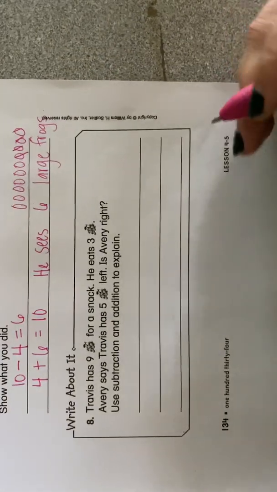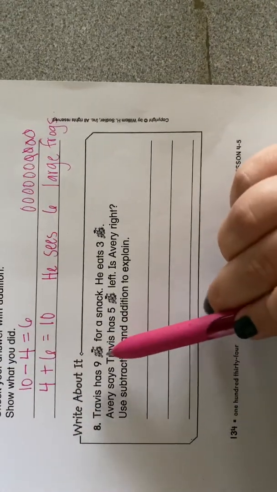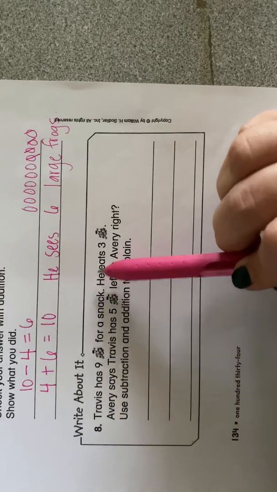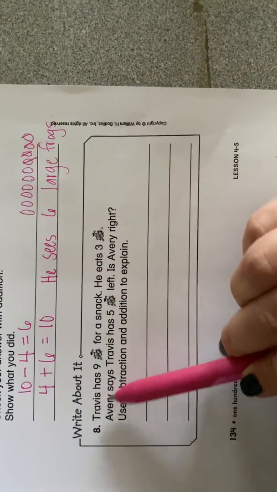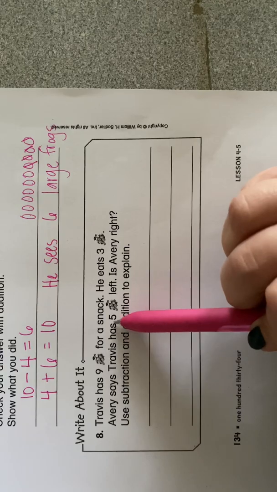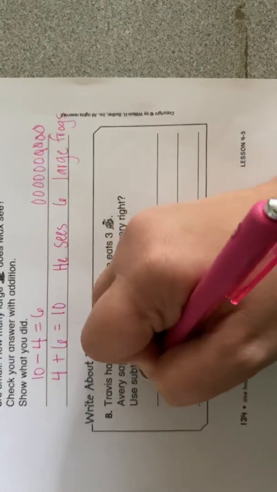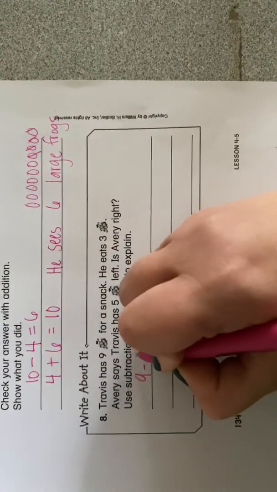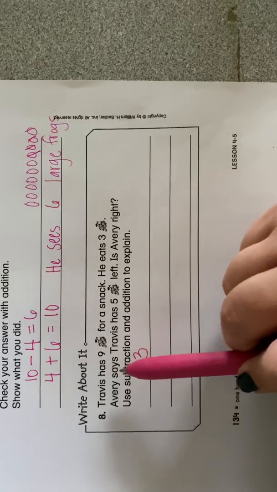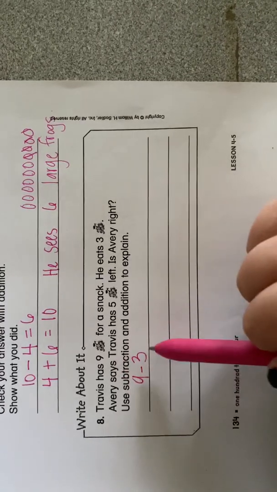All right, number 8. Travis has 9 grapes for a snack. He eats 3 grapes. Avery says Travis has 5 grapes left. Is Avery right? Okay, so 9 grapes for a snack. He eats 3. So Avery says that Travis only has 5 left.